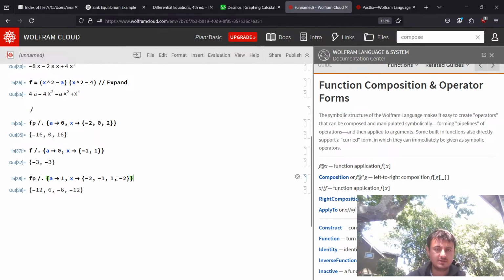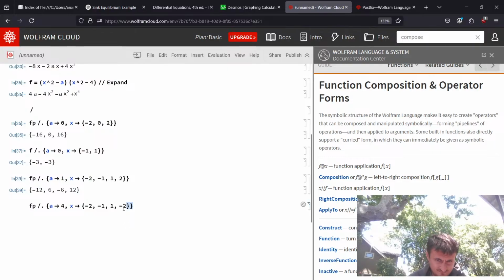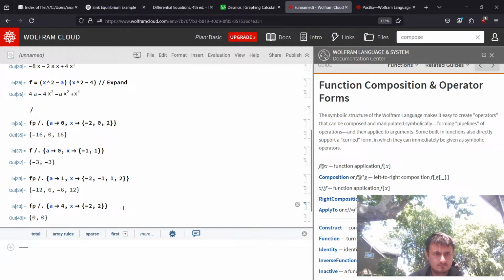So now we're going to do this. A is equal to 4. X is equal to -2. Oh, wait. Okay, yeah, that's fine. Oh my God, that's crazy. That's what I was saying.